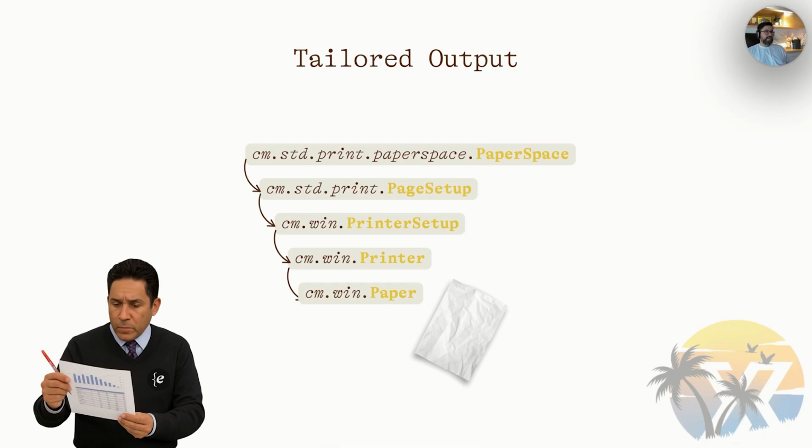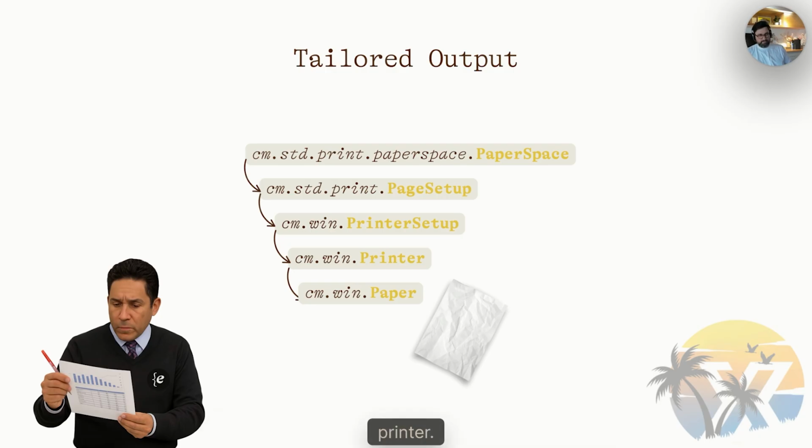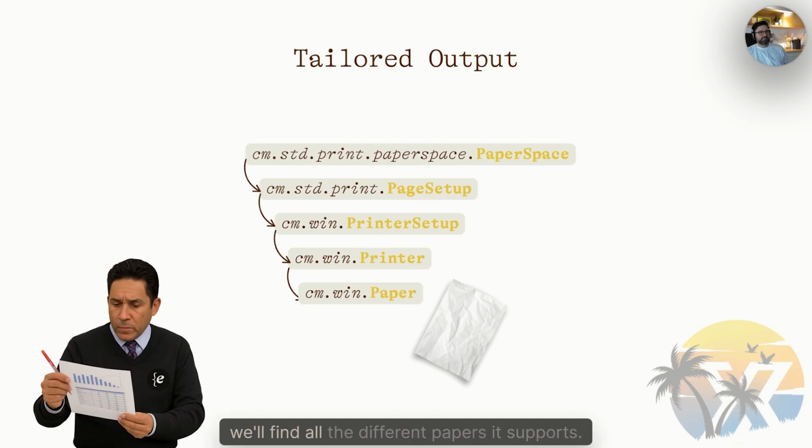In Paperspace, as we've discussed before, we will find the page setup information. In there, we have the printer setup from which we can get to the actual selected printer. And finally, in the printer, we'll find all the different papers it supports. So it's all paper, but different abstractions and representations of it.